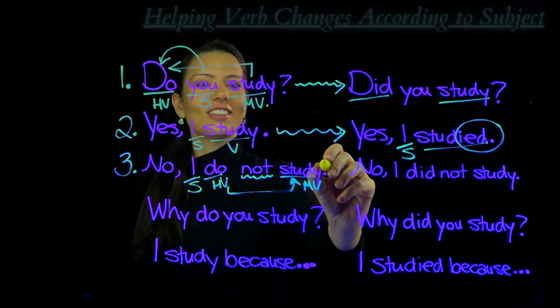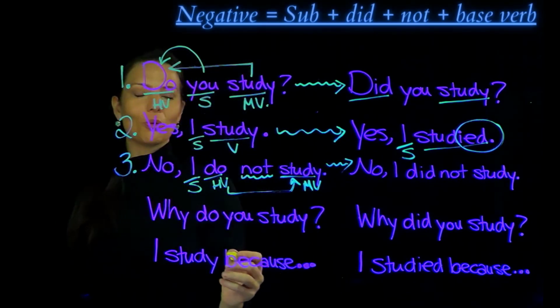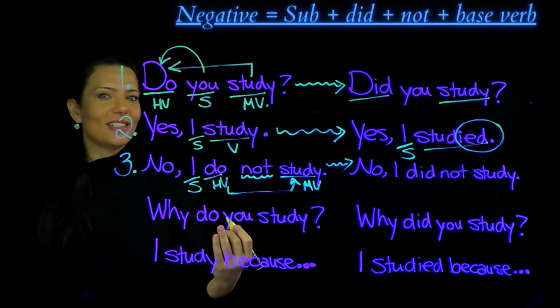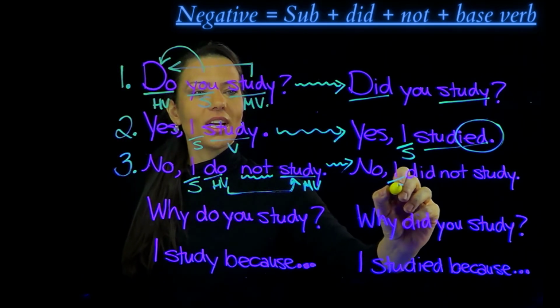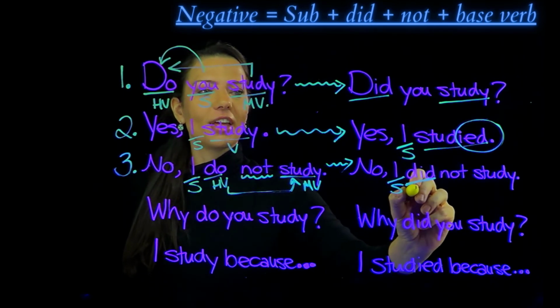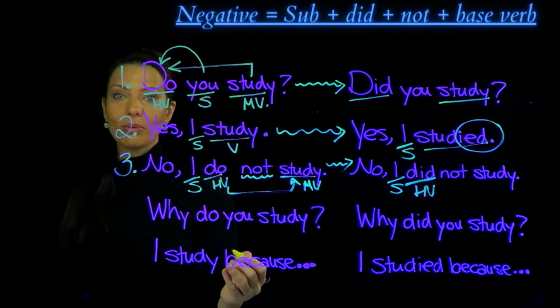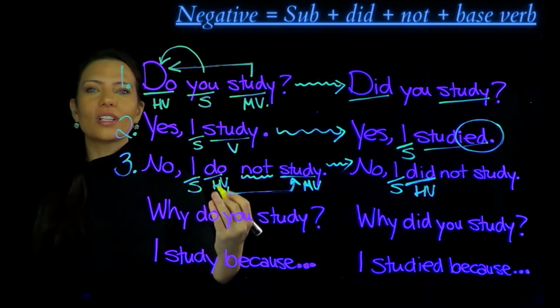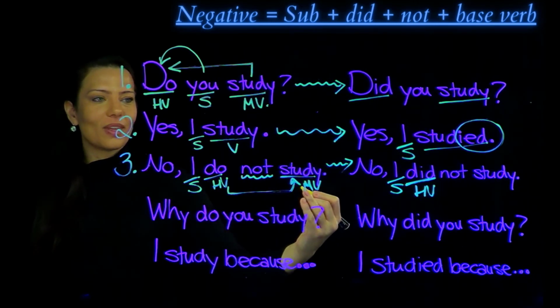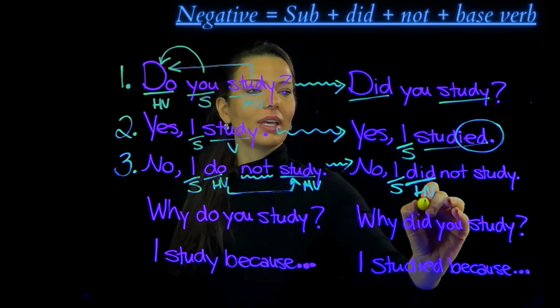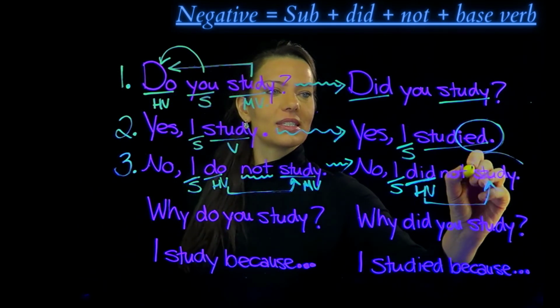Now, when we take a look at the simple past, "no, I did not study." Here we have the subject, then we have the helping verb, and this helping verb is changing according to the tense. So this is the simple past. That helping verb is helping out the main verb, "study."